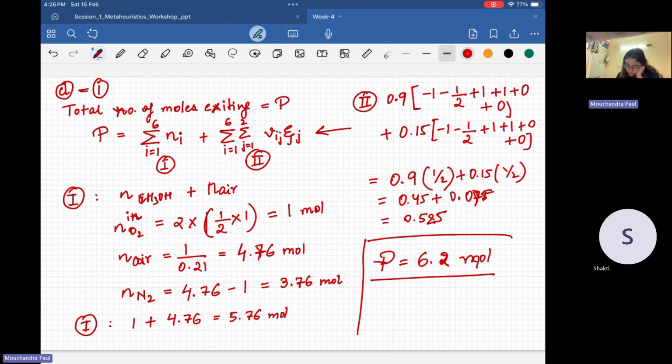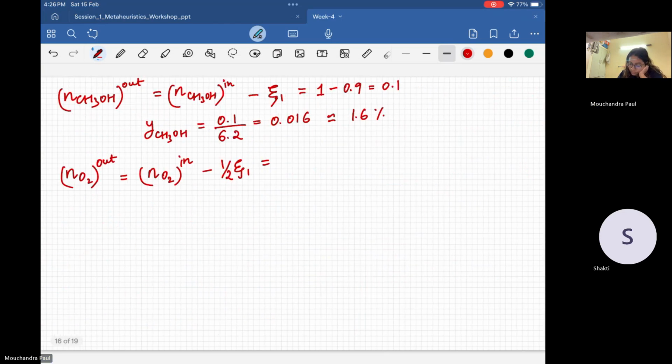Yes, we know it is 1 mole. 0.9 by 2, 0.55.